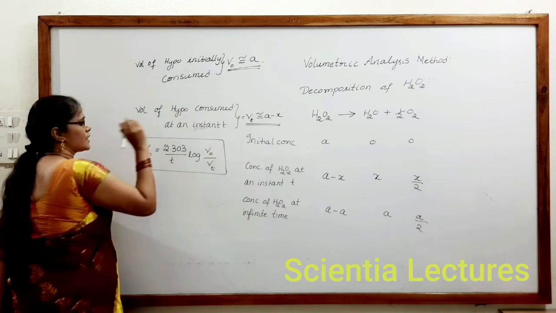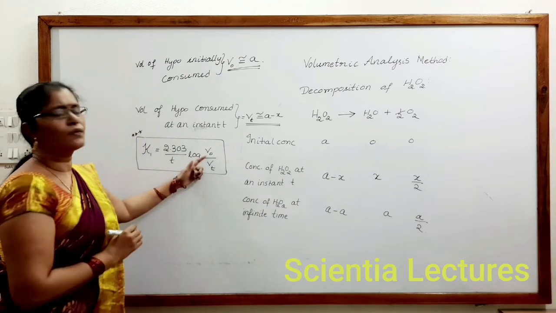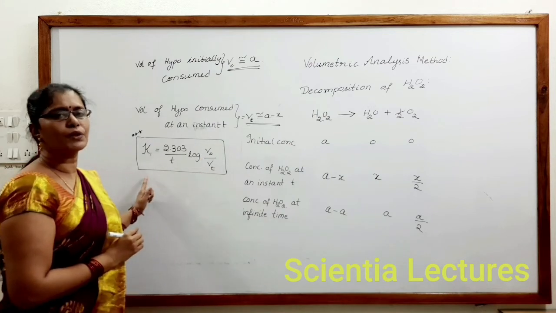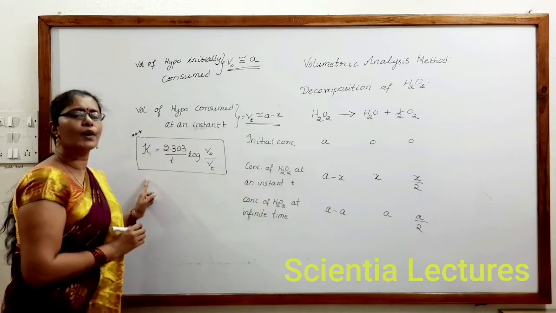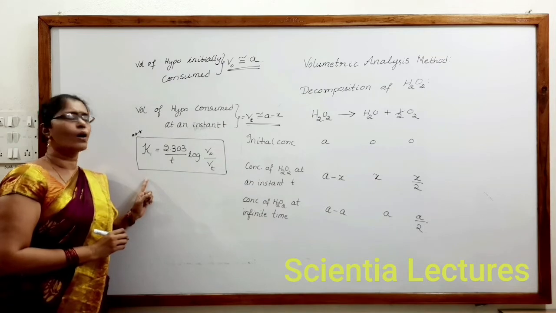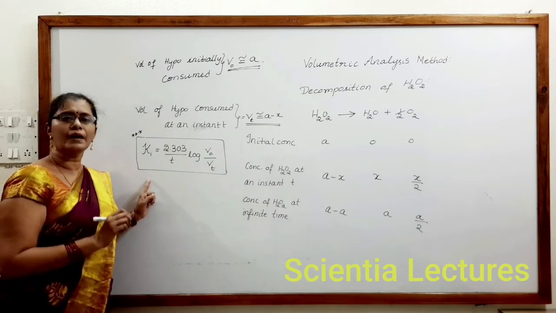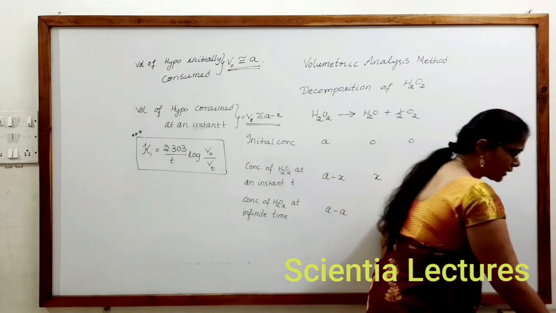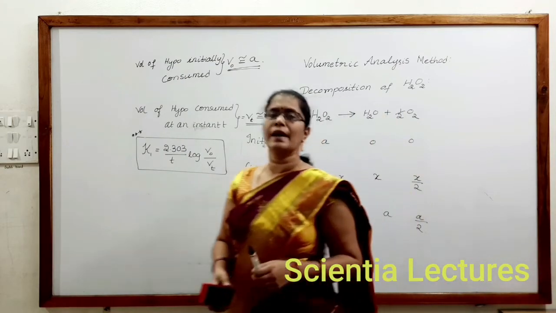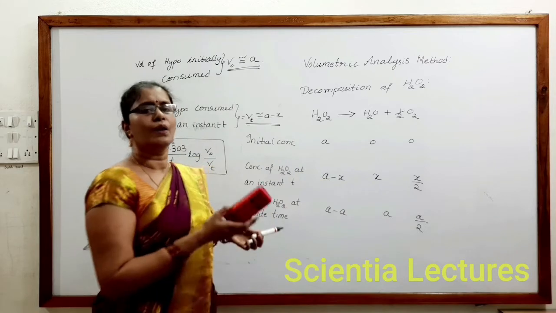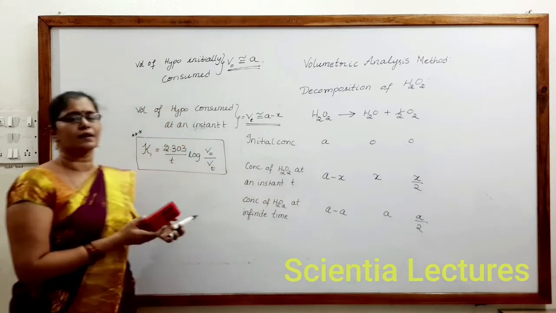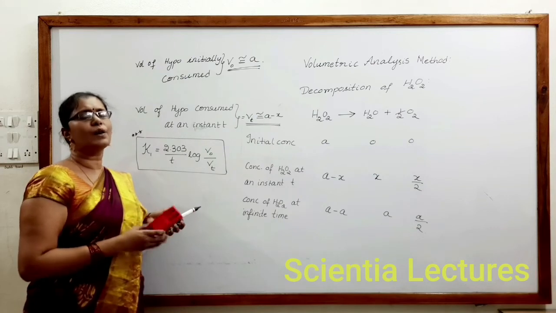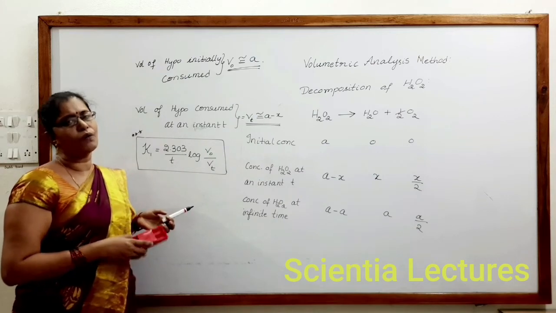So, here what is the rate constant? V naught will be given to you in the question and Vt will be given to you in the question. You have to calculate it as K1 equal to 2.303 by T log of V naught by Vt. I hope this condition is very clear. In the volumetric analysis method, when the volume or concentration of one reactant is given, you can find out the concentration of the other substance.